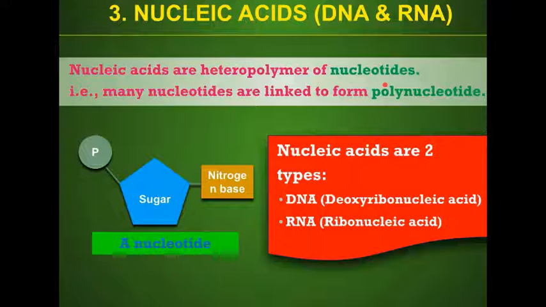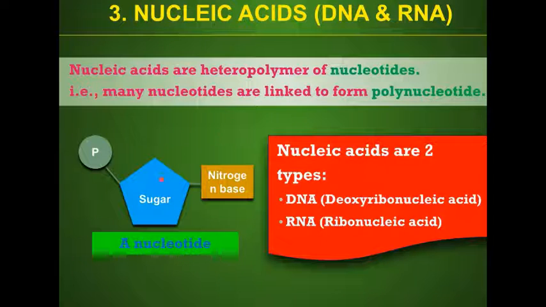Now let us study nucleic acids. The nucleic acids are DNA and RNA. DNA is deoxyribonucleic acid and RNA is ribonucleic acid. As we saw earlier, nucleic acid is actually a heteropolymer of nucleotides. That is, many nucleotides are linked together to form a polynucleotide.